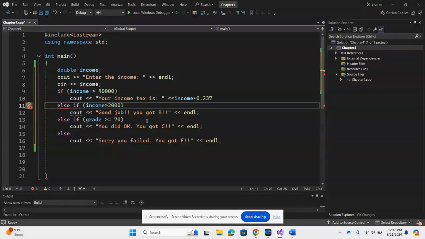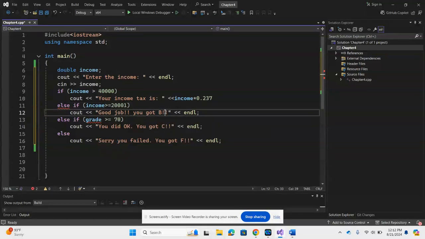Now in this case, here I'm going to put the equal sign.